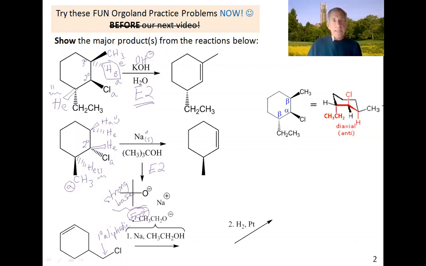And as we know, this is the only case where a really strong base can act like a nucleophile instead, because it's so unhindered, and pop on and kick off the chloride as a leaving group. Does that make sense? Good? Cool. So I write the product for this, and then I do step 2.